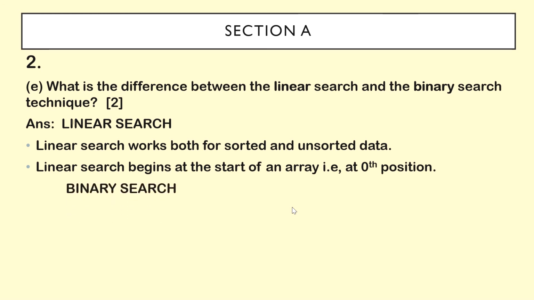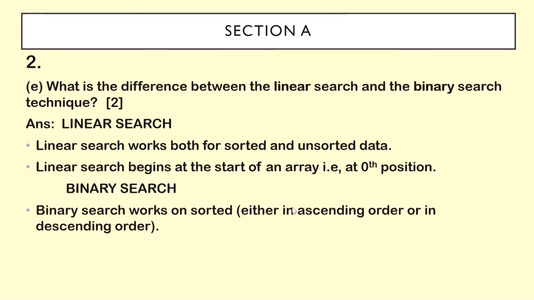And in binary search, the array is basically divided into two halves and the item is searched according to which half has the greater value or the lesser value. What I mean to say is it will search only half of the data, half of the array.